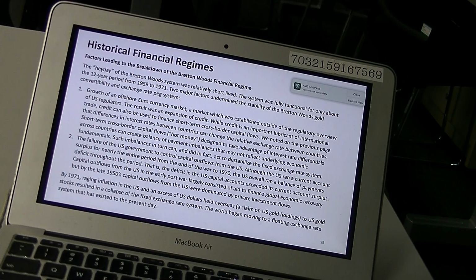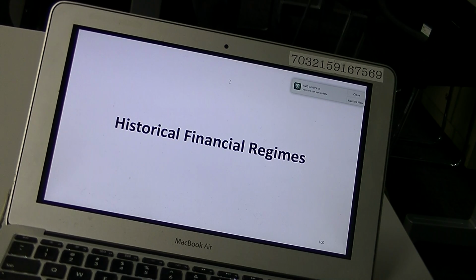I just want you to understand where the imbalances come from and why they could lead to a collapse of the fixed exchange rate system. What that meant was the U.S. was taken off the gold standard, and the price of gold was allowed to float. This in turn instantly created the need for a floating exchange rate system. So the world has been on a floating exchange rate system since 1971.